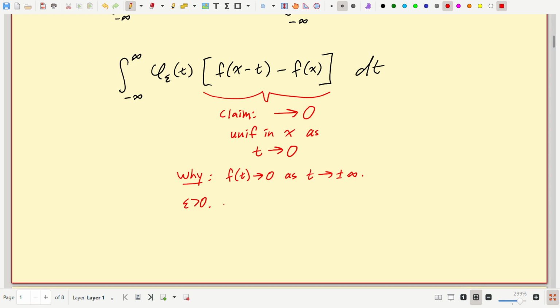Yeah, I can make that f of x less than epsilon over 2 when x is big. So that would be absolute x greater than some b.